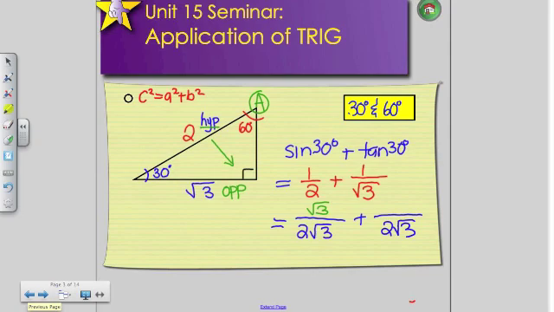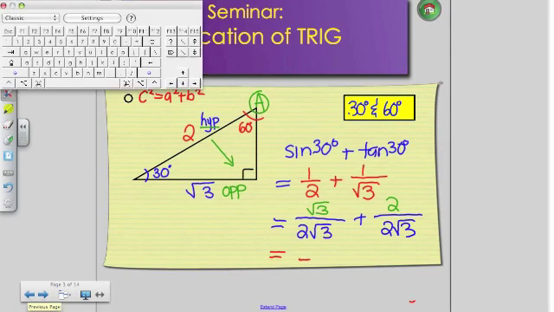I have to multiply this denominator by 2 in order to get the common denominator, so I'm going to multiply the numerator by 2 as well. So my final answer, because we're not in grade 11 and we haven't got to that level yet, would be having a denominator of 2 root 3, and my numerator is root 3 plus 2. Can't go any further than that right now in grade 10.